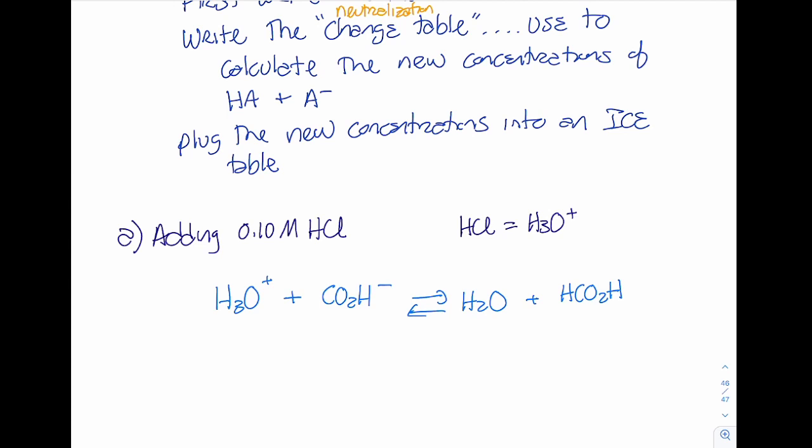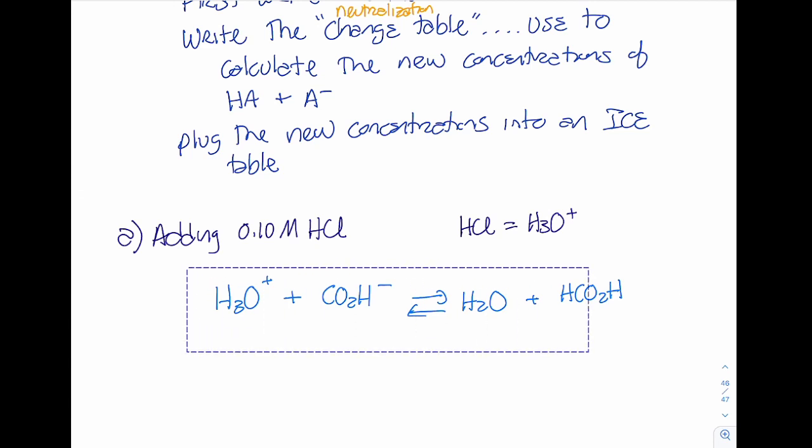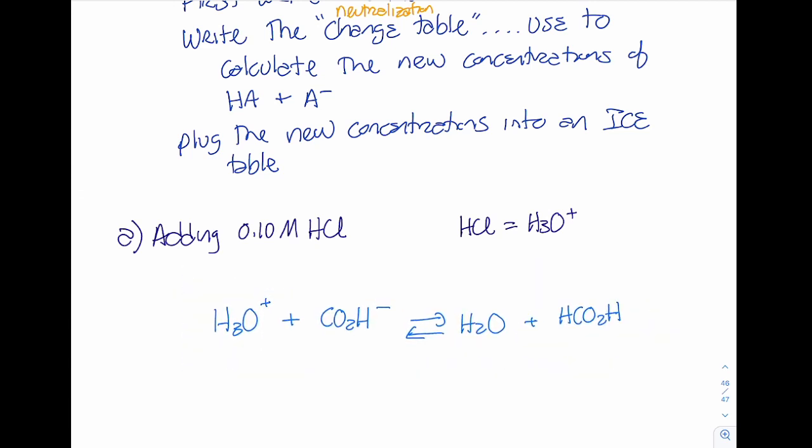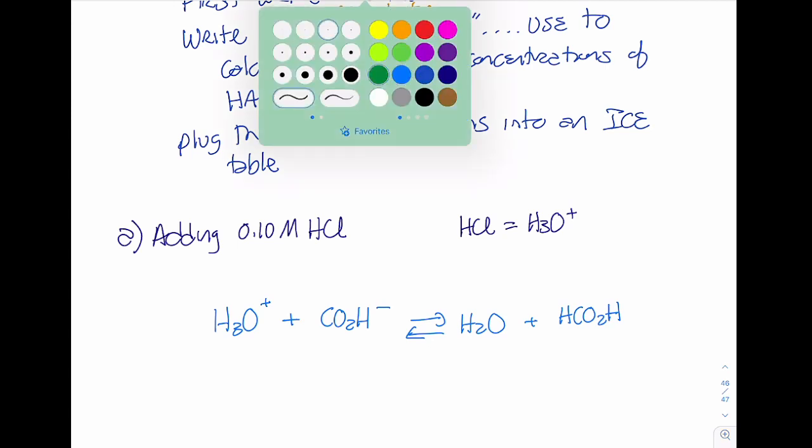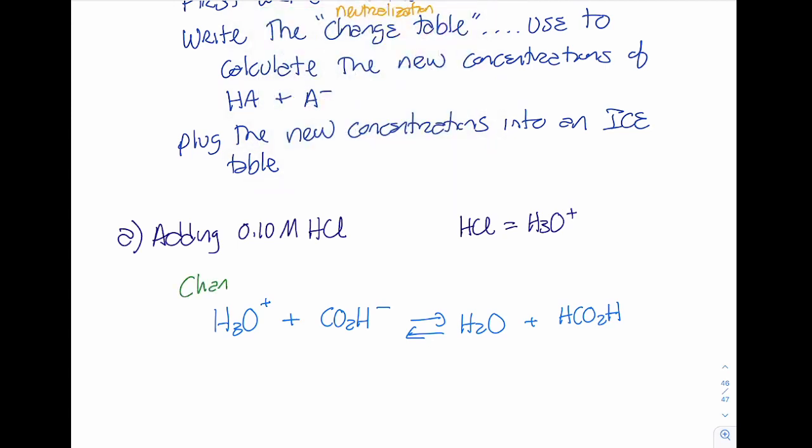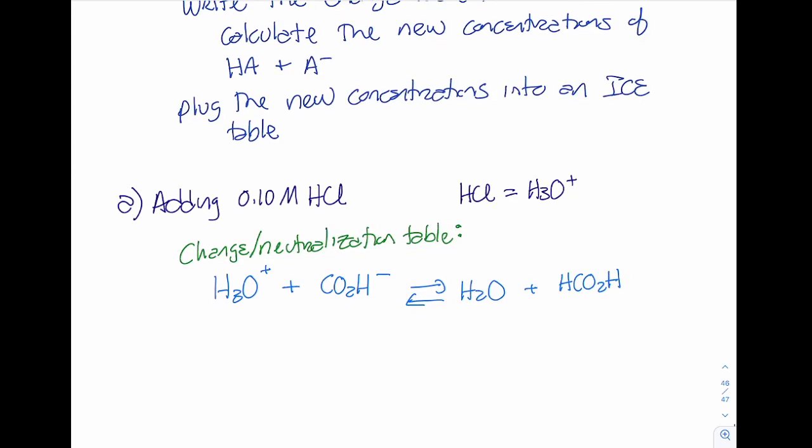And then let me move this down actually. I just want to be able to write change table over it. So when you look back in your notes, you have it labeled change, or neutralization if I say it the old way, table. So that's what we're writing here.